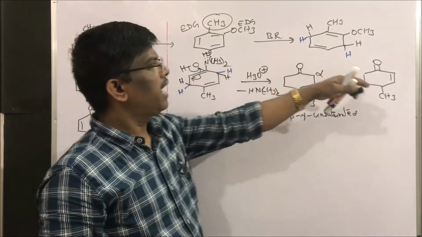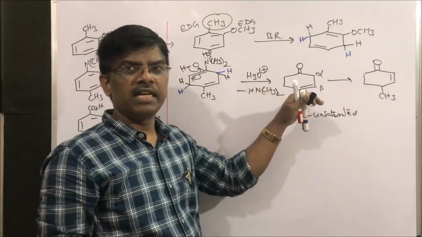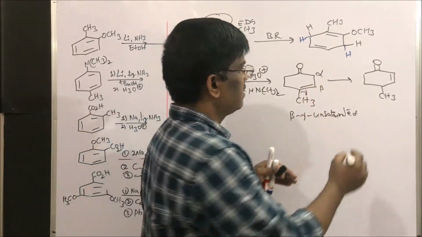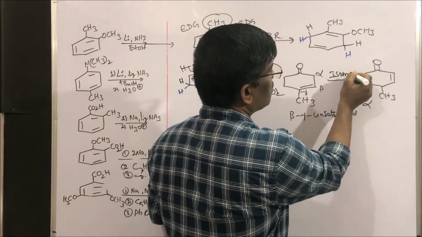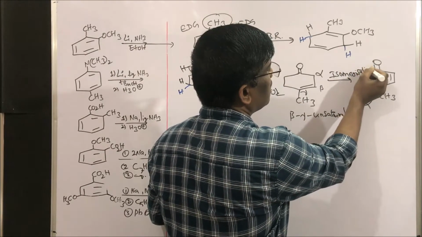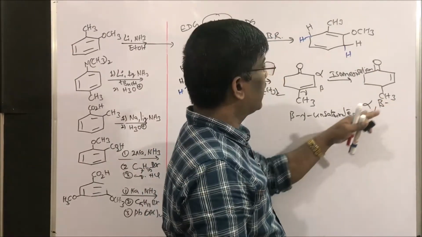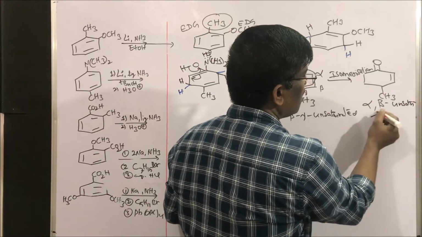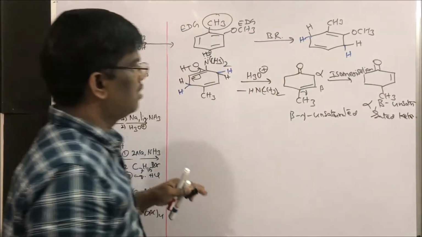So the double bond, and this is the compound we are going to get. This double bond is not going to be disturbed, since beta, gamma unsaturated is not stable. So isomerization takes place to give the alpha, beta unsaturated ketone. This is highly stable, right?